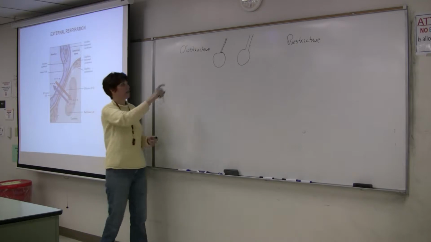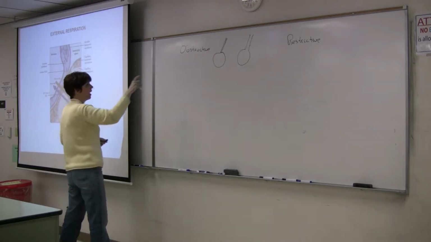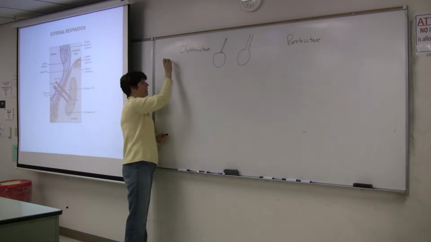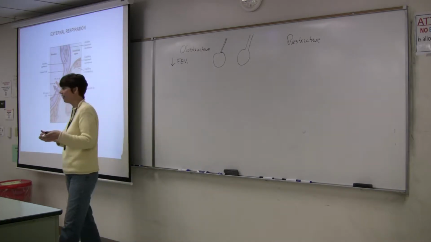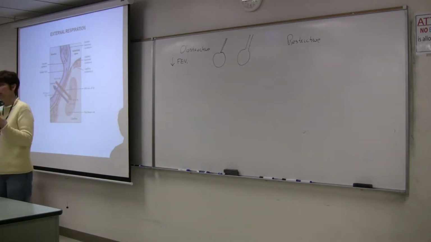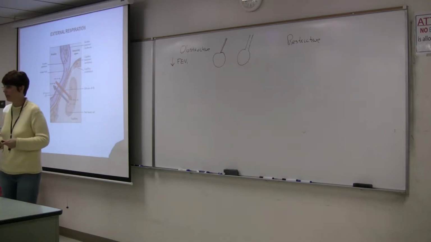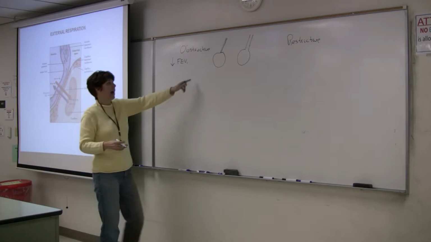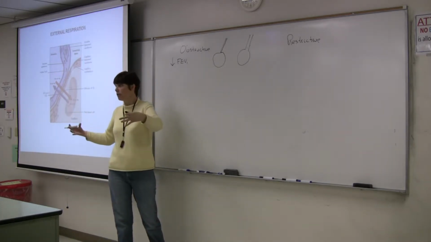And so with this narrow airway, we have a decreased FEV1. The amount of air that you can blow out rapidly and forcefully in 1 second is low, less than 80 to 84%. However, the total lung capacity is normal or larger than normal.